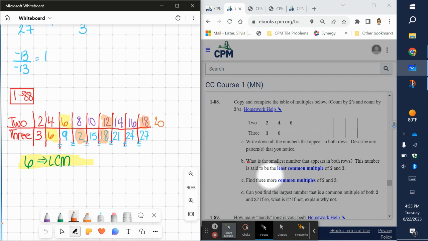I don't see 20 in my threes. Let's go 22. I don't see 22 in my threes. Sorry about that. That was my dog. So let's keep going to 24. Oh, but look what I just found. You guys, I just found 24 and 24. Those are other common multiples. So I'm just going to write common multiples.